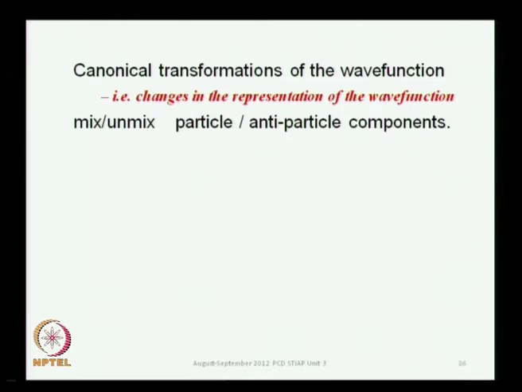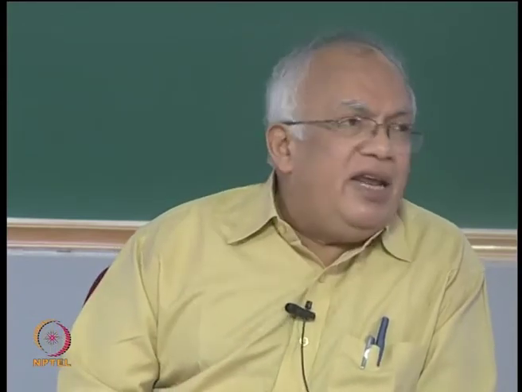states is to carry out a transformation of your equation of motion into some canonical form which will lead to this decoupling. Now, this is the question that we raise: is it possible to decouple the particle and antiparticle states?